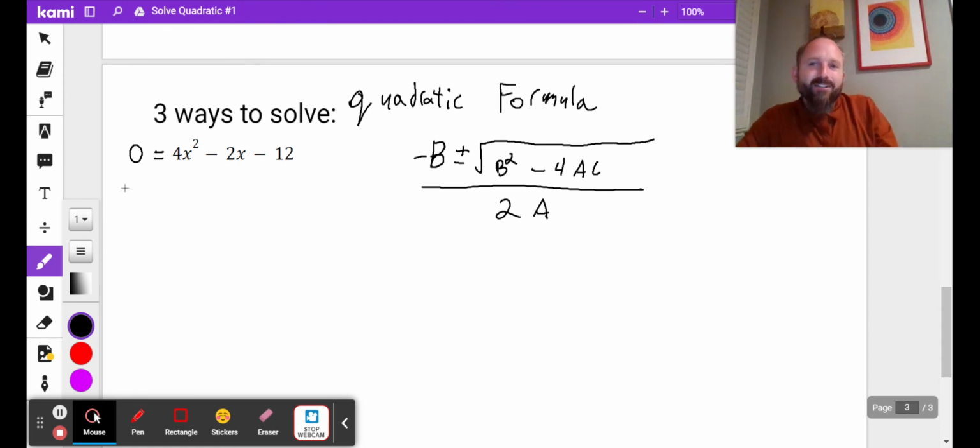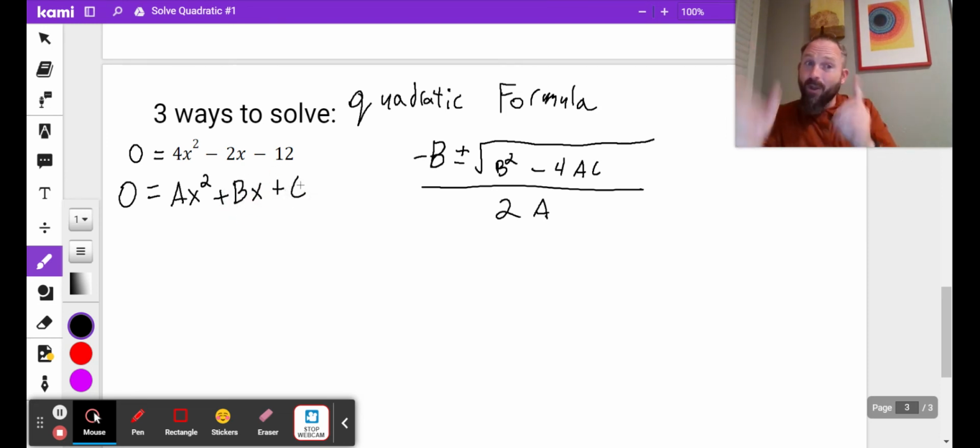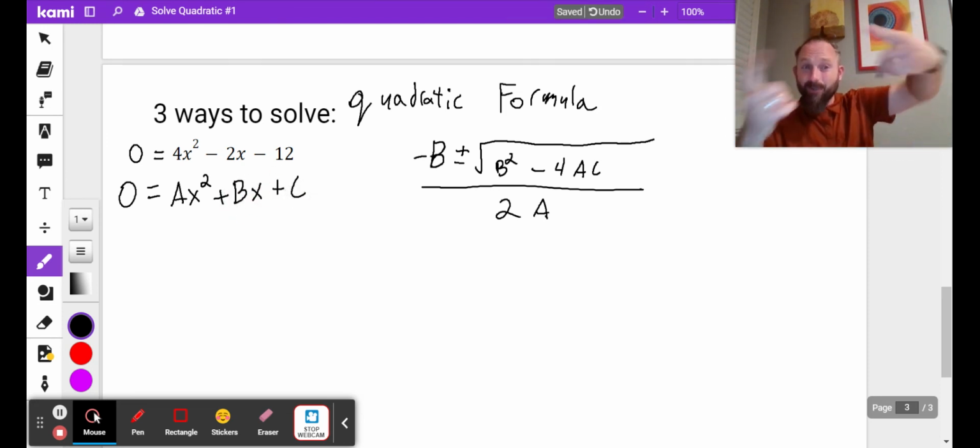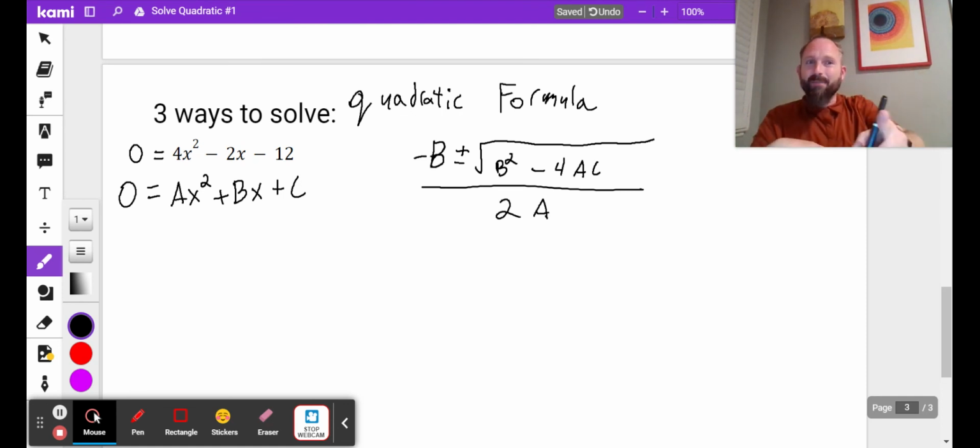So let's understand that this is the same as y equals ax squared plus bx plus c. Now that we know that, we're going to bring it back and solve it. My b right here is negative 2. Well, why don't we write it out so we don't get confused?